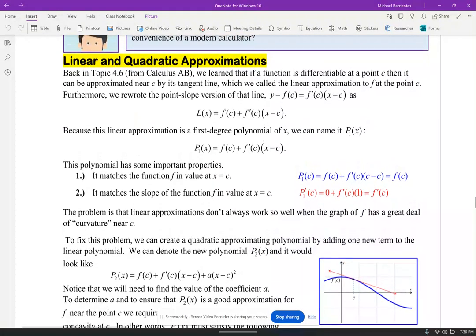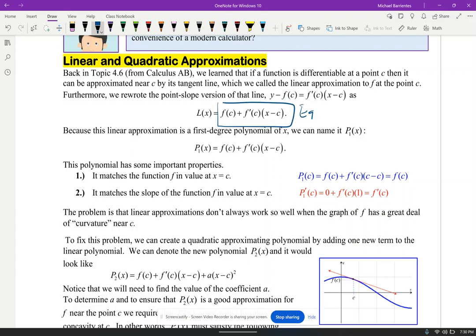If you read this part, this is just reminding you that in the first semester when we were doing linear approximations, we were using this formula to figure out the equation of the tangent line. So this right here, and I'll do it in blue, is the equation of the tangent line.